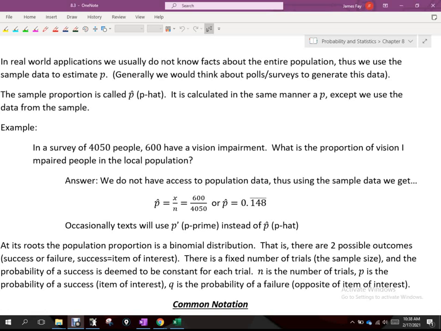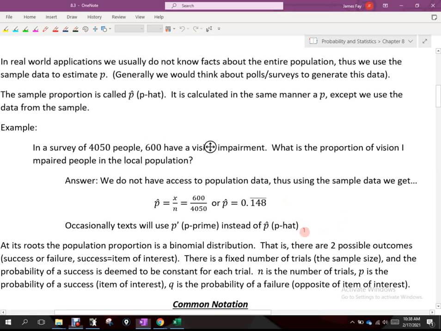Occasionally, texts will use P prime instead of P hat. That's just something that's a little bit different from author to author. I was trying to pick out videos for you to watch yesterday that introduced this, and a couple of the videos use P bar instead of P hat.